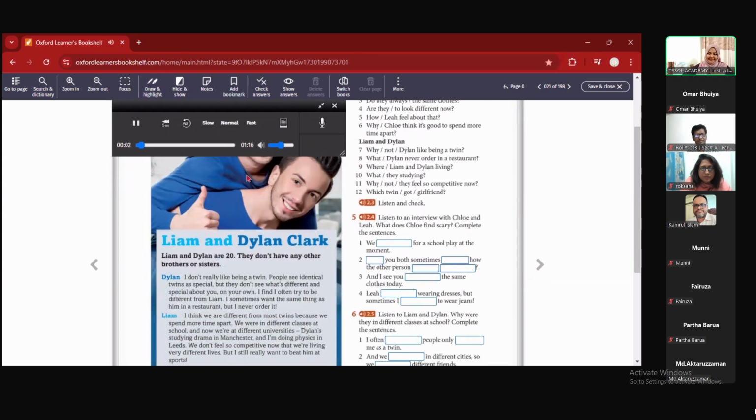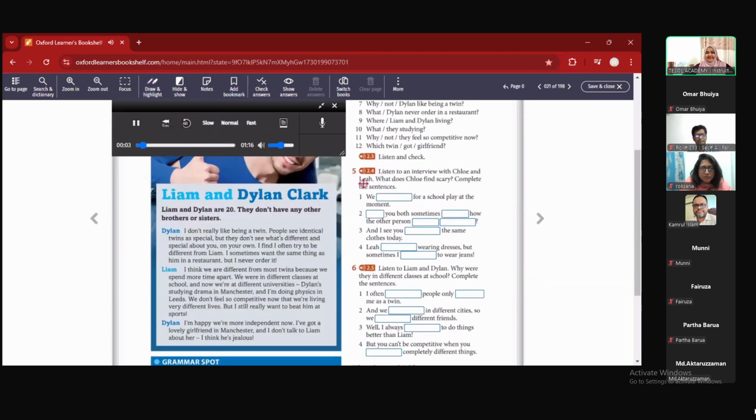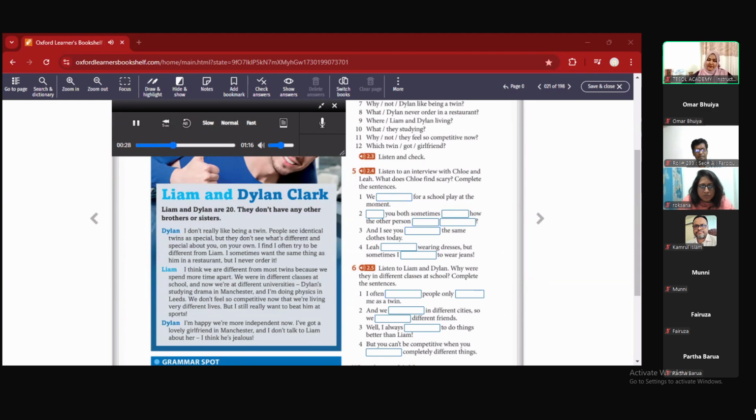2.2 Liam and Dylan Clark. Liam and Dylan are 20. They don't have any other brothers or sisters. I don't really like being a twin. People see identical twins as special, but they don't see what's different and special about you on your own. I find I often try to be different from Liam. I sometimes want the same thing as him in a restaurant, but I never order it. I think we are different from most twins because we spend more time apart.